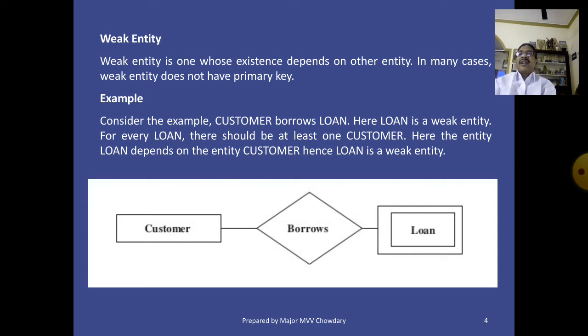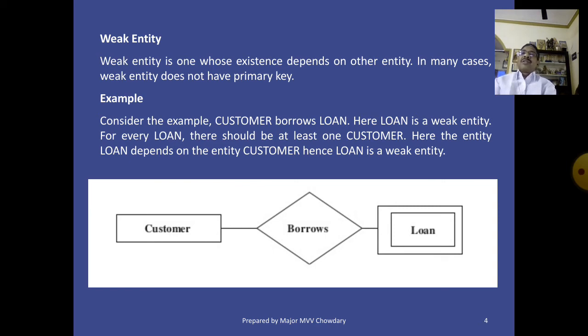Let us consider an example. Customer borrows loan. Here, customer and loan are two entities. Borrows is the name of the relationship. Here, loan is a weak entity and customer is the strong entity.